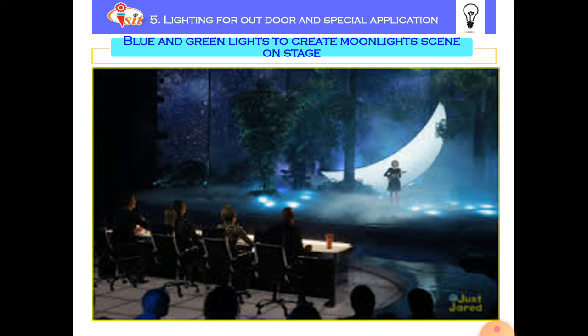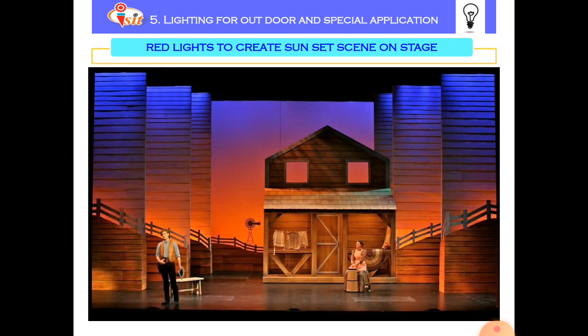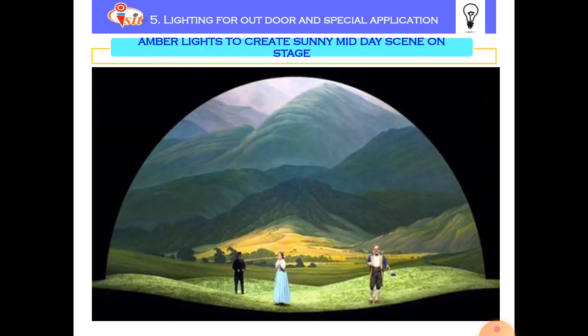Take a look at the blue and green light, which is used to create a moonlight scene on the stage. Then the red light is used to create a sunset scene on the stage. Now the next is amber light, which is used to create a sunny midday scene on a stage.